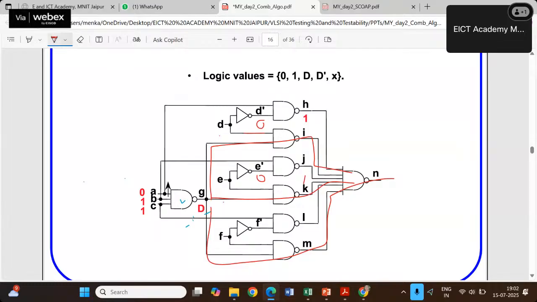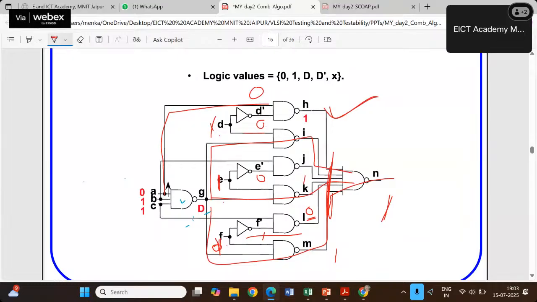There is no other option, because if I make it 0, this is going to make it 1, of course, but at the same time this is also going to make it 1, and 1 and 1 is going to make it 0. So irrespective of any other input available to this last gate, the output becomes 1, because 0 is controlling for a NAND gate. I cannot afford that. So I have to keep it 1, I have to keep it 1, and this I don't care, because A was already 0, and because of that H is already 1. So I really don't care about that.